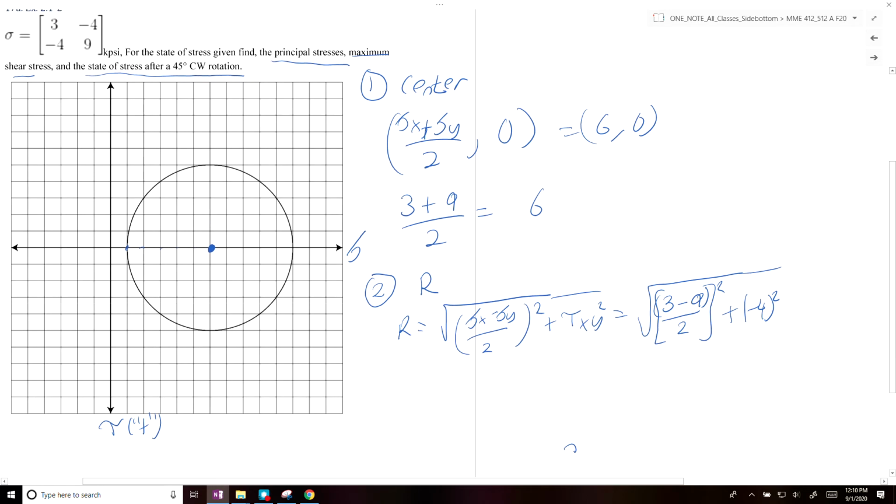So that is minus 6 divided by 2, which is minus 3, squared, which is 9 plus 16, which is the square root of 25, which is equal to 5.